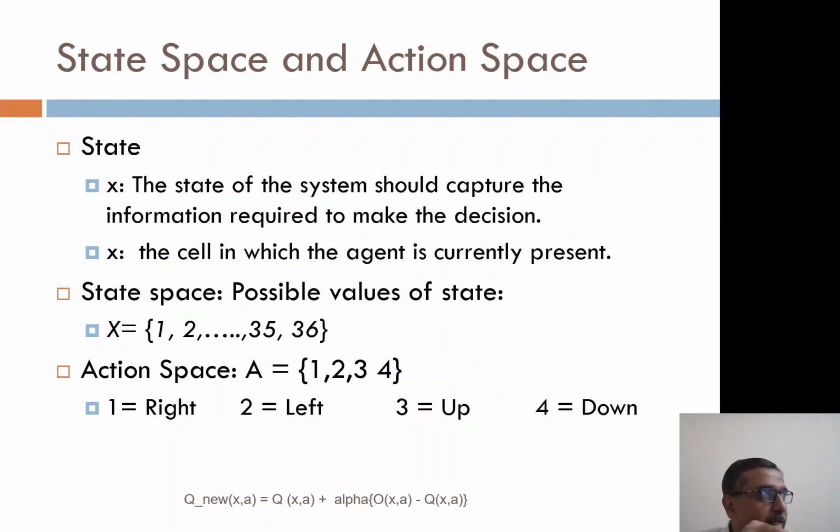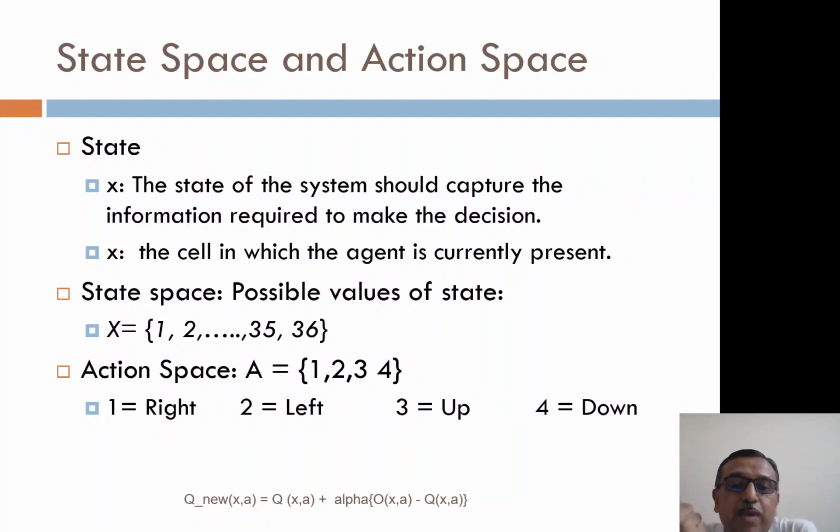So I decided that the state is just one number: the cell in which the agent is currently present. It needn't be one number, it could be a set of numbers. If you are talking about a real robot, it will have its positional coordinates, x coordinate and y coordinate, plus its orientation, plus the proximity sensor values. It could have many things.